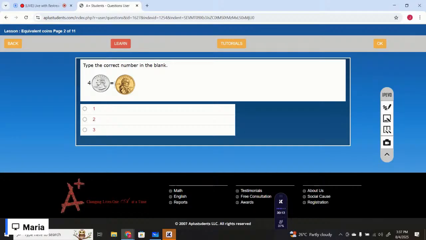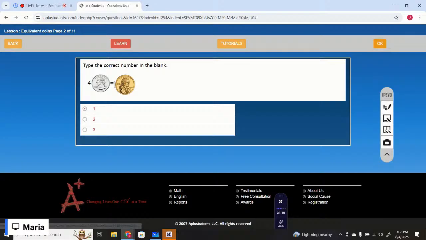Type the correct number in the blank. 4 quarters equal $1 because the quarter is worth 25 cents. That is 4 quarters equal $1.